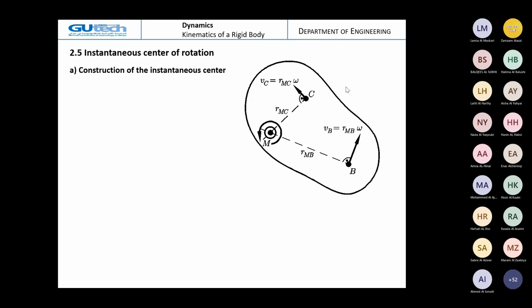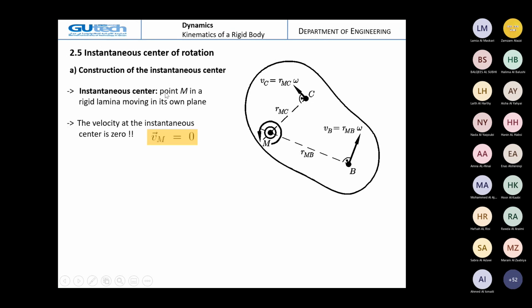What we have to do is only to draw the line, the perpendicular or the normal to this velocity, the second line perpendicular to VB, and the intersection of the two lines will give the point M. And this M, this point here, has no velocity. Okay?